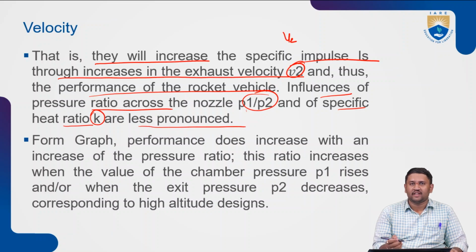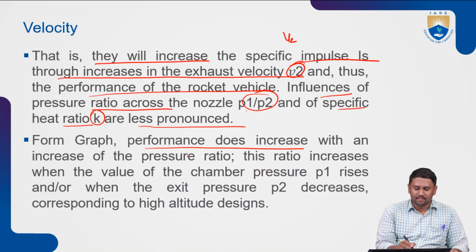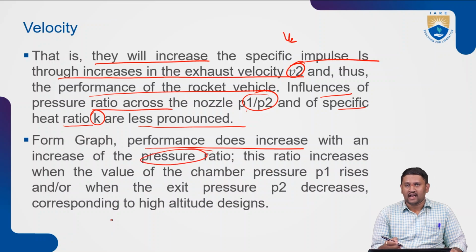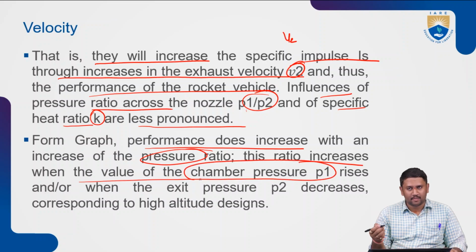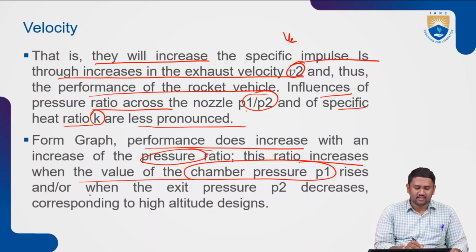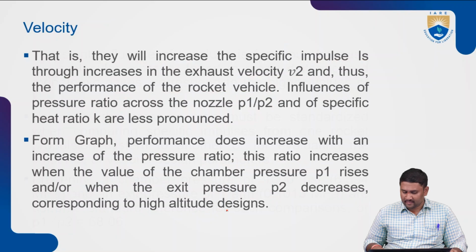From the graph, we understand that the performance increases with the increase in pressure ratio, as the ratio increases when the chamber pressure P1 rises and when the exit pressure P2 decreases, corresponding to high altitude designs.